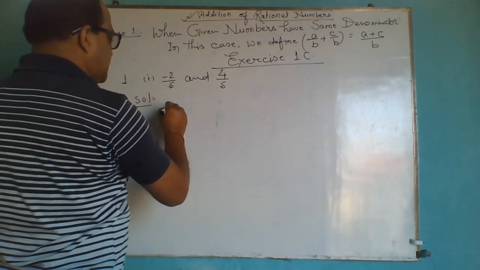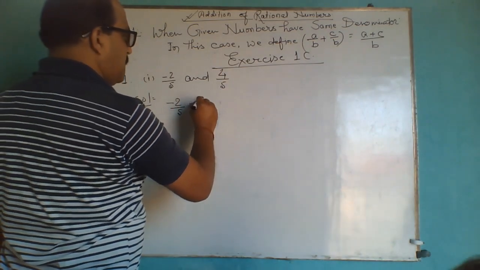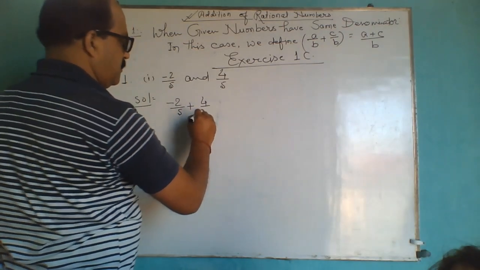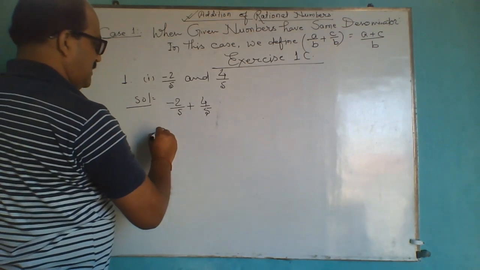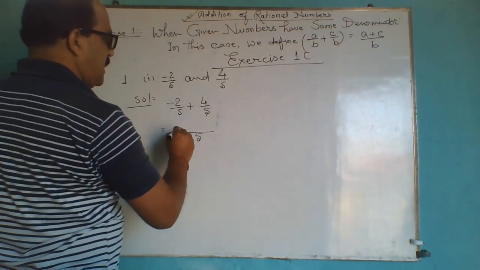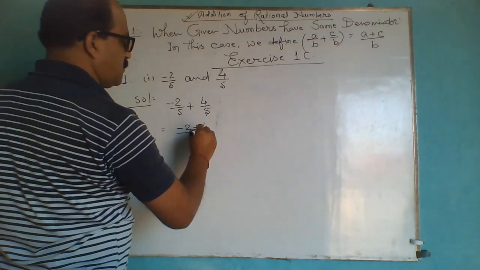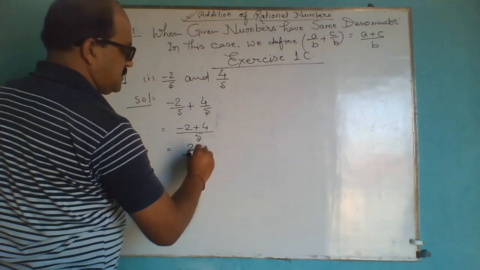So in that case, minus 2 by 5 plus 4 by 5, 5 becomes the LCM of it, and minus 2 plus 4. Here 2 by 5 is the answer.